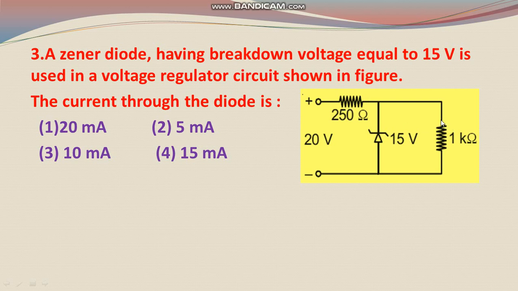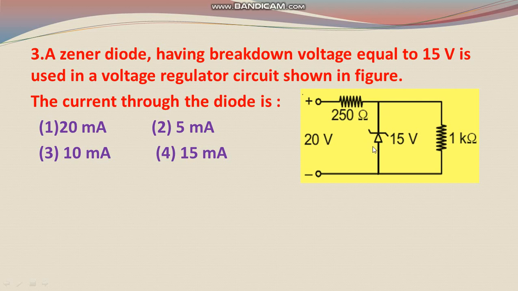Potential drop across 1 kilo ohm is what? It is a parallel combination, so that's why here also 15. So 15 and 1 kilo ohm, V and R. We know V and R, so we can calculate current here. Here also we know V and R, so we can calculate current here.